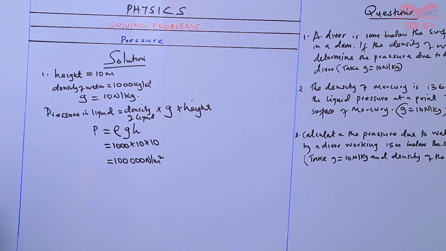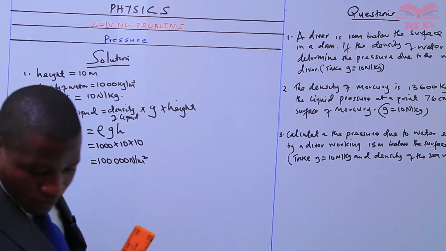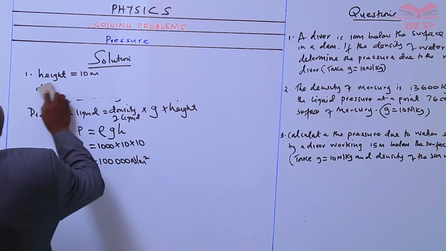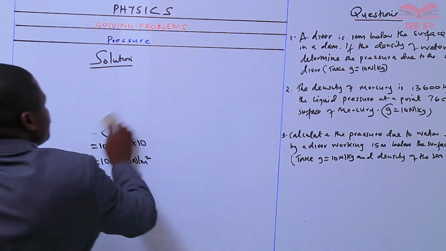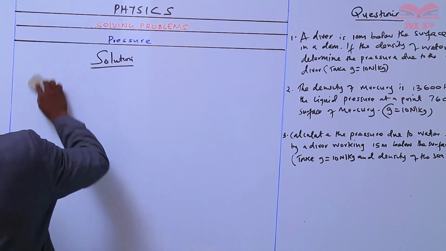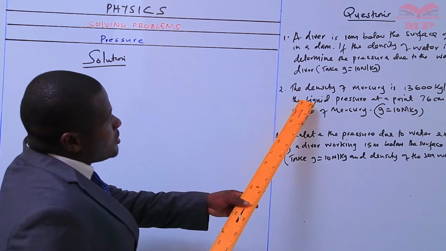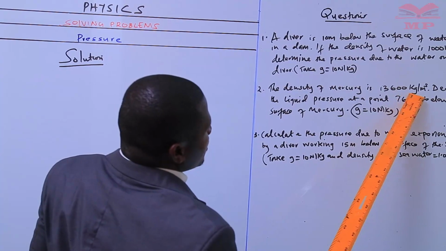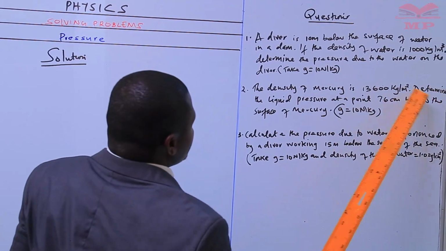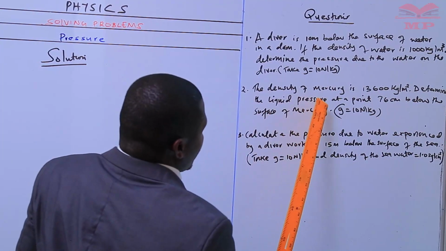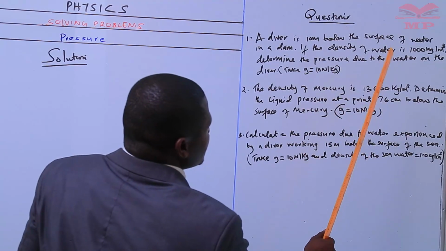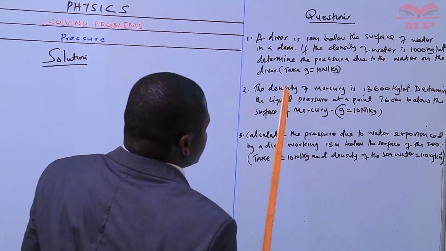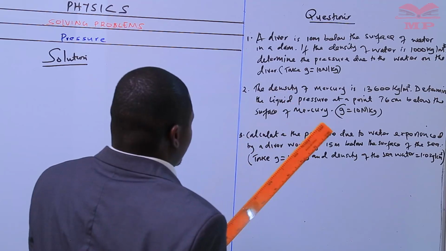Then for question 2, the density of mercury is 13,600 kilograms per meter cubed. Determine the liquid pressure at a point 76 centimeters below the surface of the mercury.